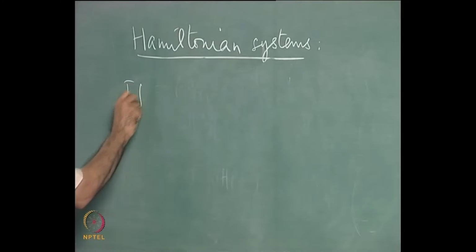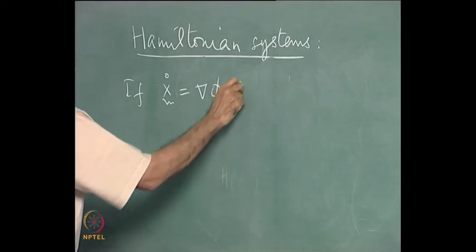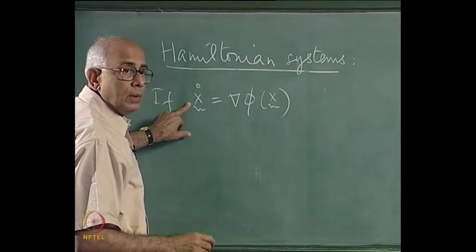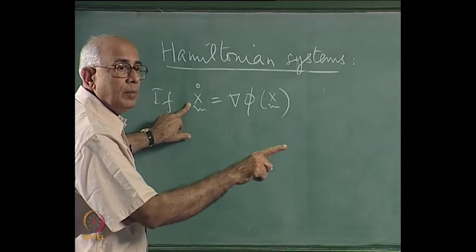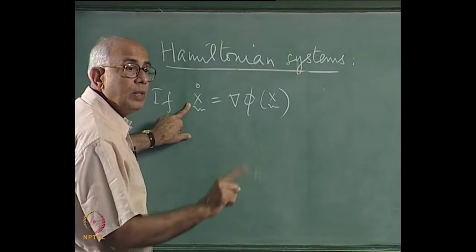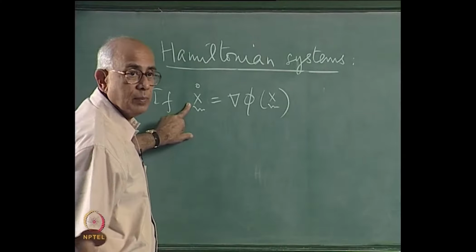if we had, for instance, x dot equal to the gradient of some phi of x, then the velocity in phase space, namely the direction of x dot, tells you in which direction x is going to change as a function of time at each instant of time.